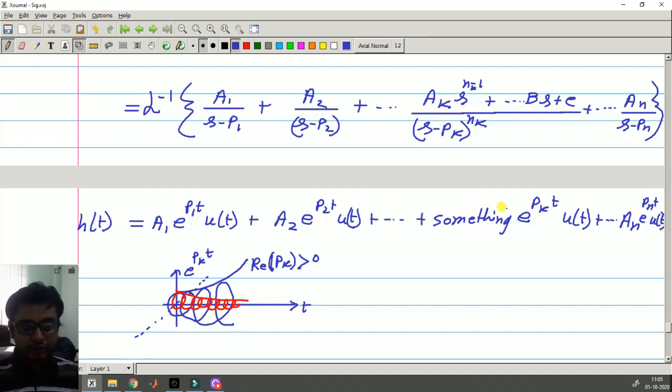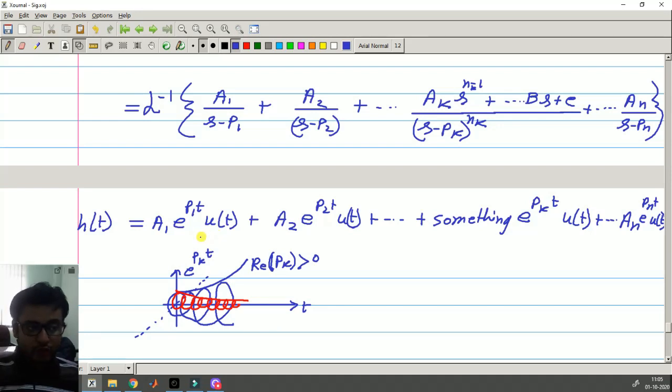But if any of these terms is blowing up with time, then when you integrate the mod of h(t), that will not converge.